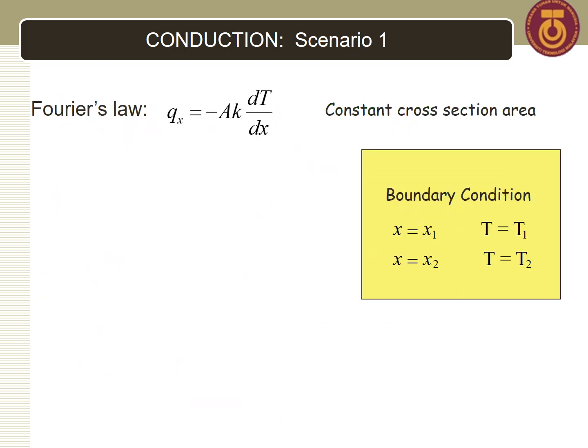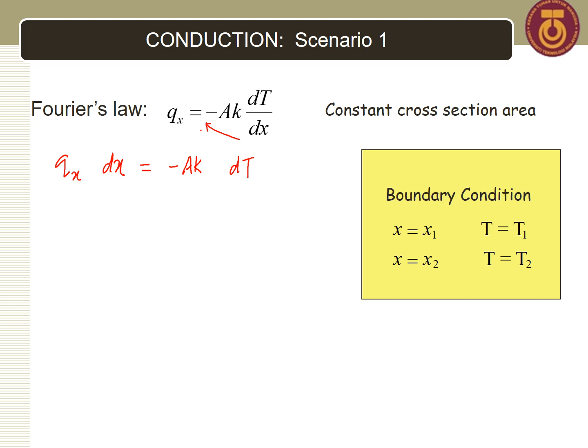So now, with this assumption and the boundary condition, let's start deriving. From Fourier's law, Qx. First we want to move dx to the left, in order to solve this differential equation. So dx equals negative AK dT.